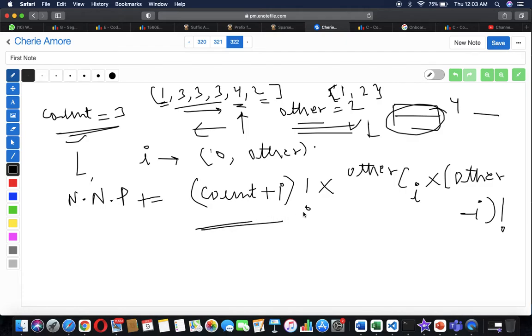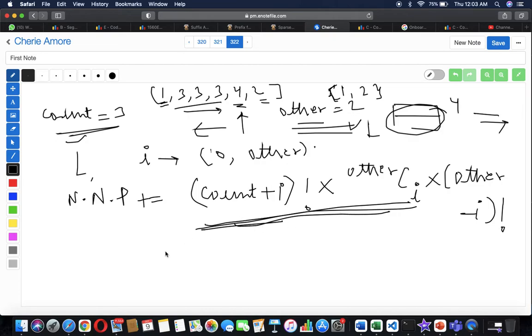So this is basically the total case for the left, into the right case, which will be (other minus I) factorial, right? So I have to iterate from 0 to other and calculate this particular value.